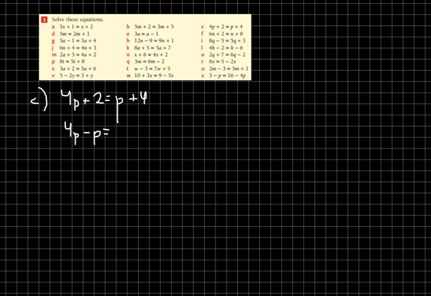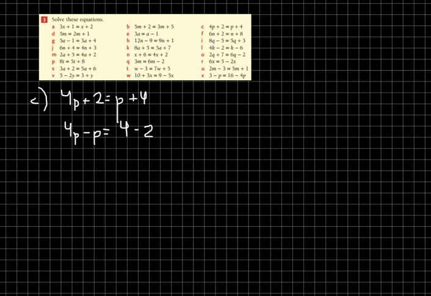But I must do the same with the independent terms, or the numbers without the unknown. I already have the 4 here, which doesn't have the unknown, so I'm gonna leave it here. But on the other side it was the 2. The 2 shouldn't be there because it doesn't have the unknown, so I will send it to the other side from positive to negative.